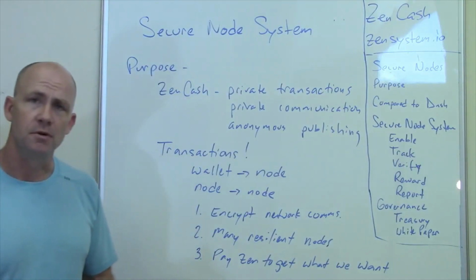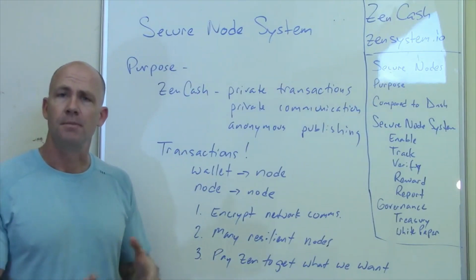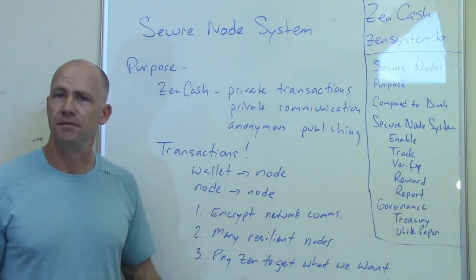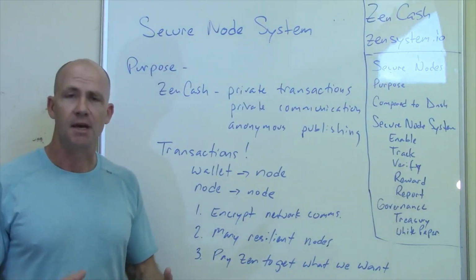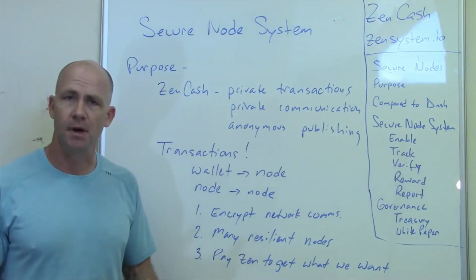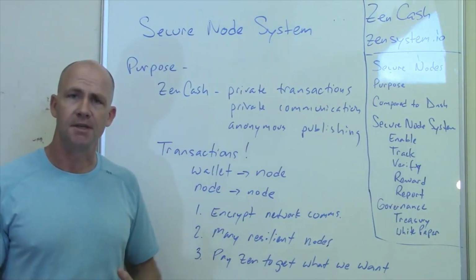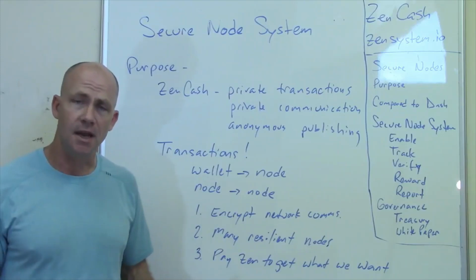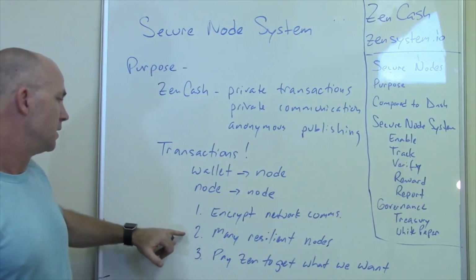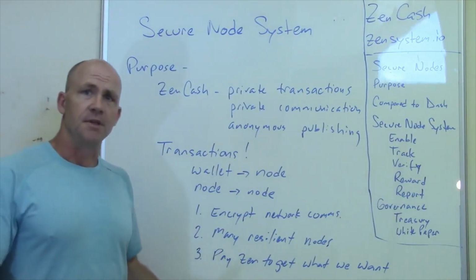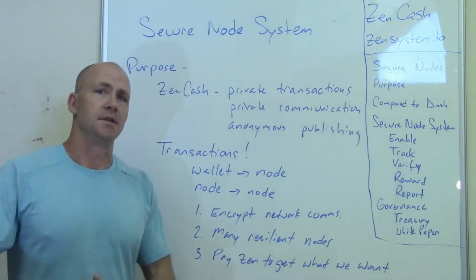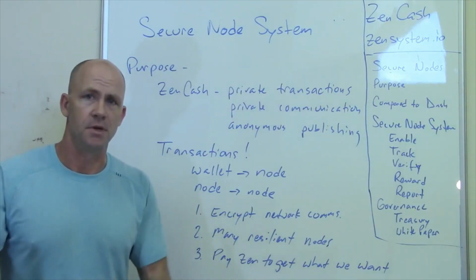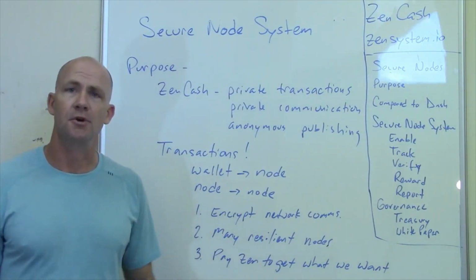So in order to be able to make sure that people worldwide are able to do these types of encrypted transactions and communications and anonymous publishing, we want to be able to have lots of different nodes out there that are resilient and can handle things, because if for some reason someone in a country doesn't like what their people are doing using ZenCash, those nodes might get attacked.